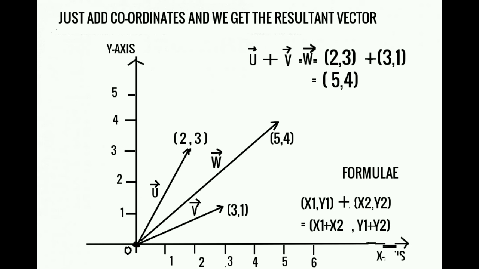So we just add the x coordinates and add the y coordinates to get the result. So vector w is equal to 5, 4. Now you can see the resultant vector is not going the same way. Vector u is going in one direction, v is going in another direction, and w is going in yet another direction. Interesting.